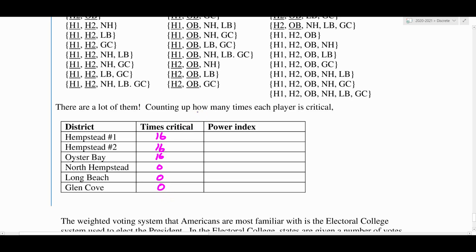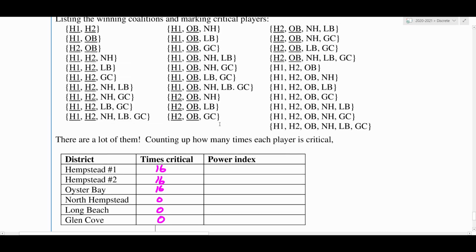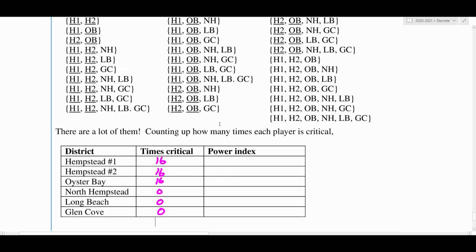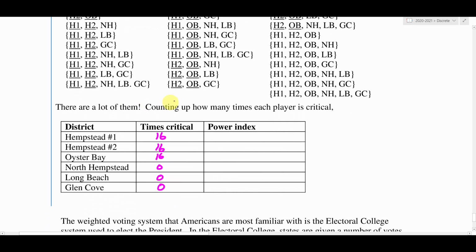So if I go through and do this power index thing, what I'm going to end up doing here is 16 divided by 48. There were 48 total players that I ended up underlining up there, and 16 out of 48 gives me 33% of the power, 33.33.